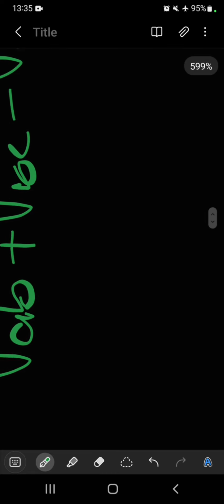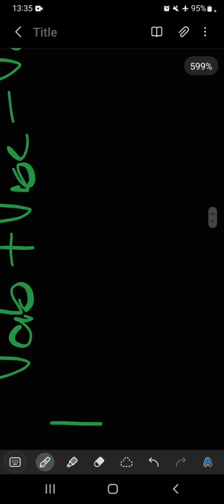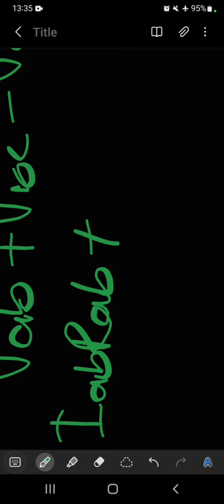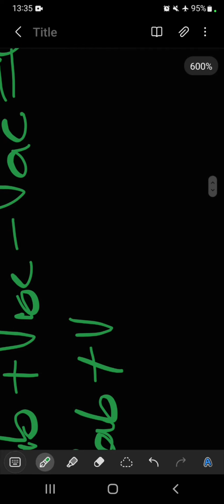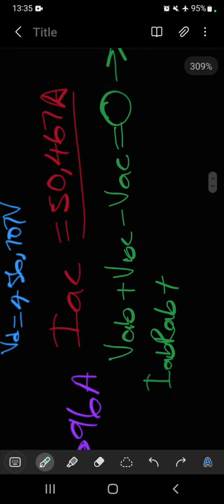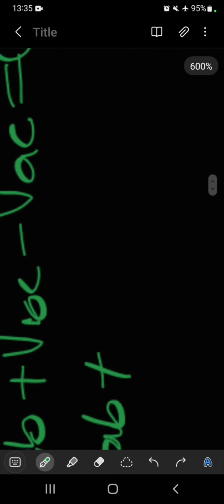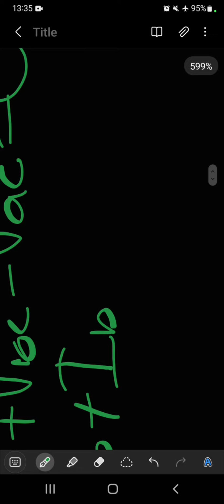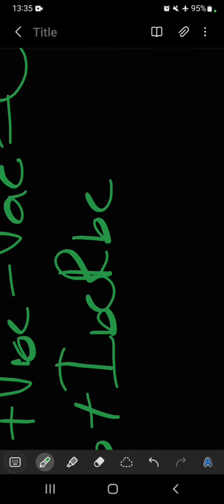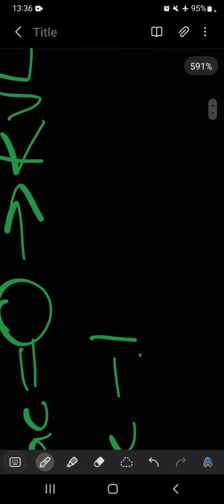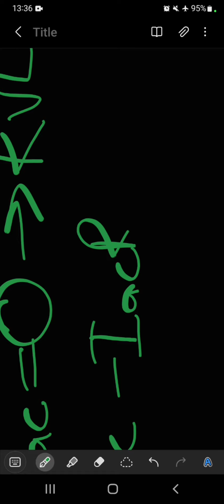Anyway, VAB is simply IAB RAB plus, you see now IBC. Okay, let me do it. IBC RBC minus IAC RAC all equals 0.